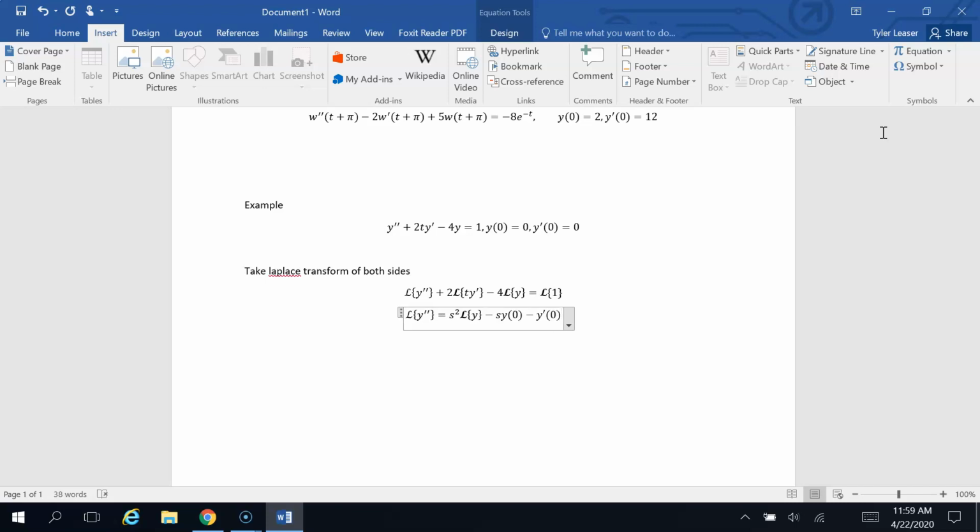Okay, so again, there's just a formula to that. Plugging in our initial conditions, y of 0, remember, is 0. The first derivative at 0 is also 0, so both of these terms just disappear. My second derivative is just s squared and then the Laplace of y.